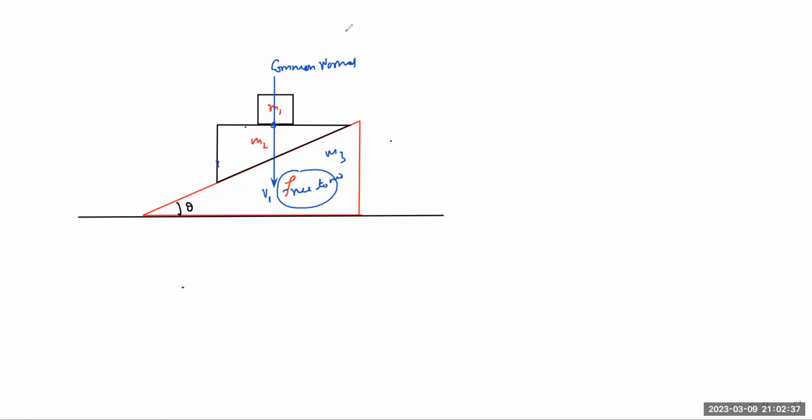No matter whether the wedge is fixed or free, one thing is clear. M1 will only move vertically downward, right? Yes, sir. Because if you think of the FBD of M1, there is no horizontal force acting on it. All right. And what will be the path of M2? Because that is now questionable. Can we predict the path of M2?